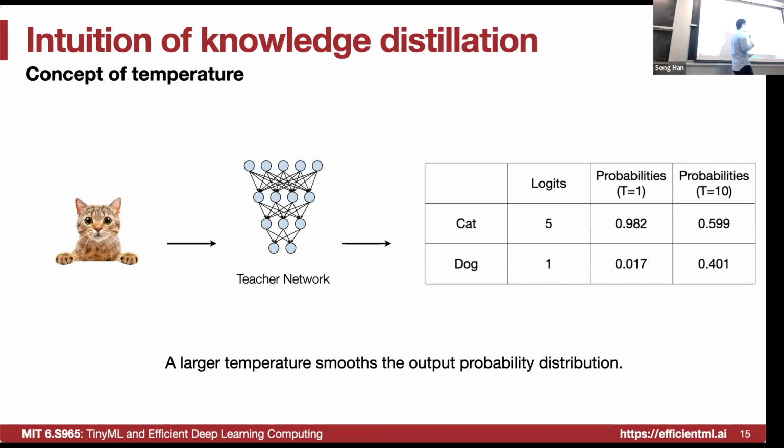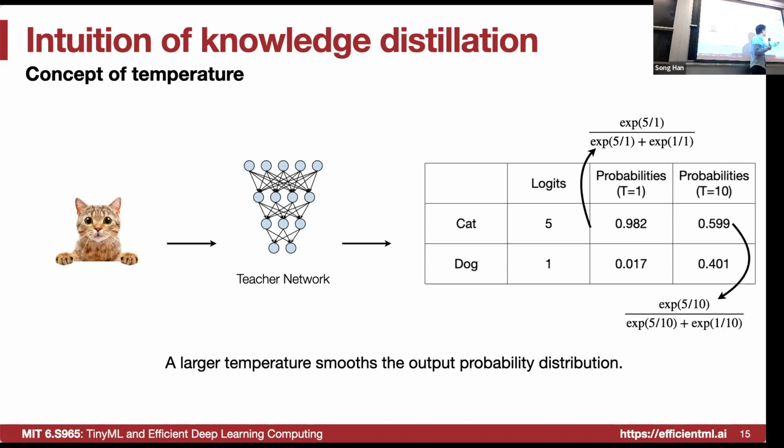So what is a temperature? If the temperature is 1, we are just dividing each Logit by 1 and then calculating the softmax. If we add another temperature, say a temperature of 10, we're actually dividing the Logits by the temperature to further smooth the probability.